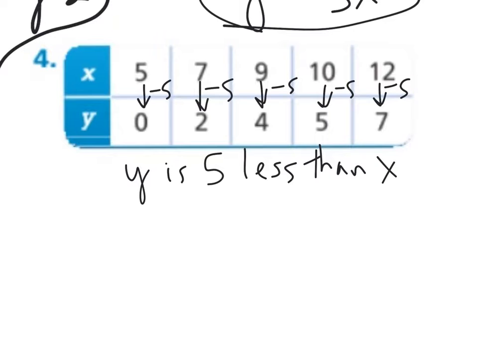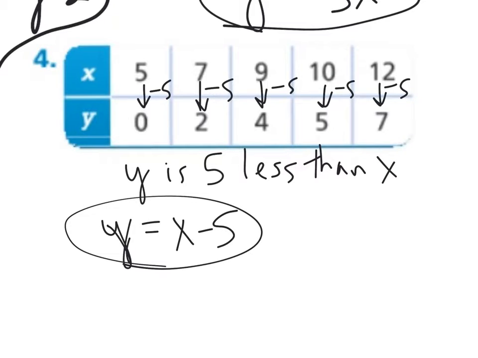Or you could say y is x minus 5, write out the word minus, M-I-N-U-S. We don't see it spelled out a lot, so it might look kind of funny to you. But then our equation, we'd have y equals x minus 5. If you did it the other way, you could say x equals y plus 5. It would technically be another equation that would work there.